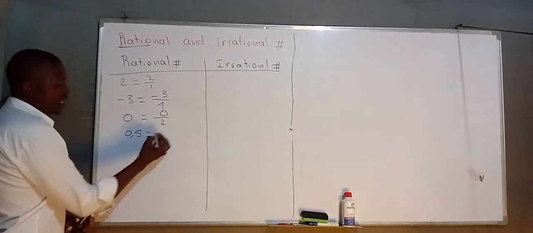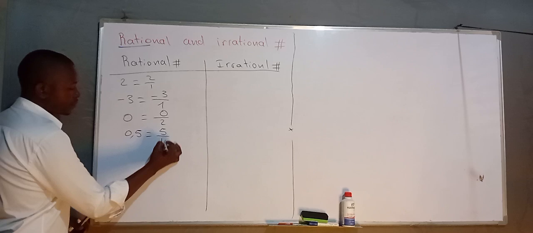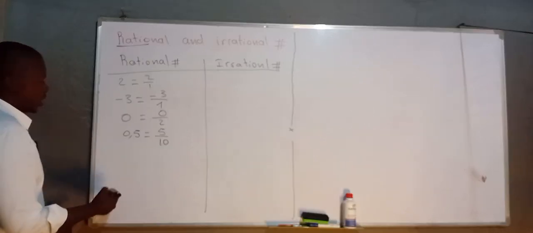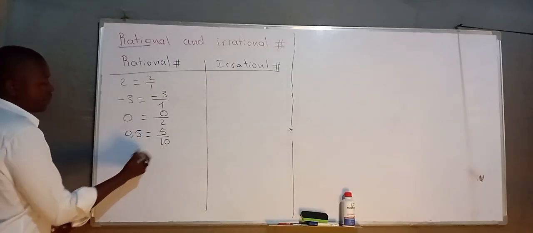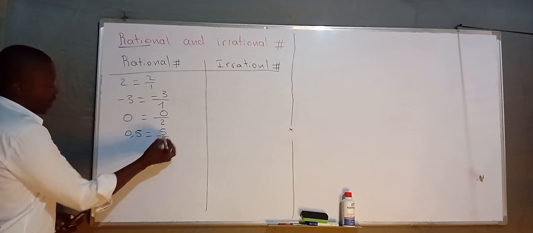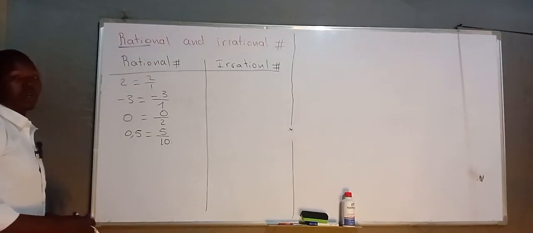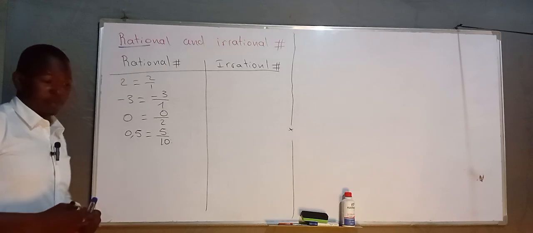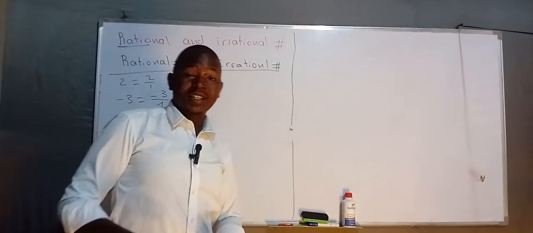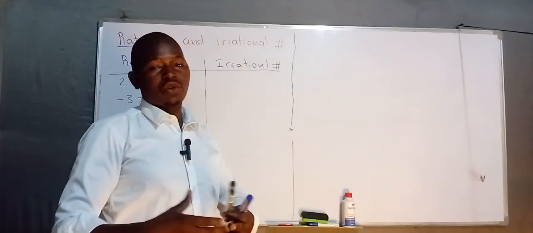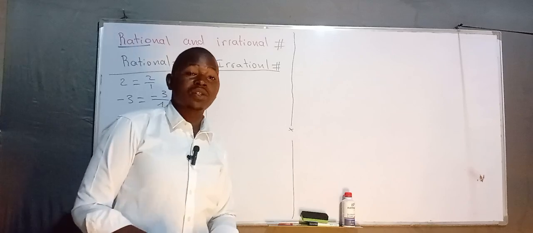Why? Because this can be written as 5 over 10, and we can simplify this fraction. From the moment you have a number where the decimals have an ending, then that number is a rational number.